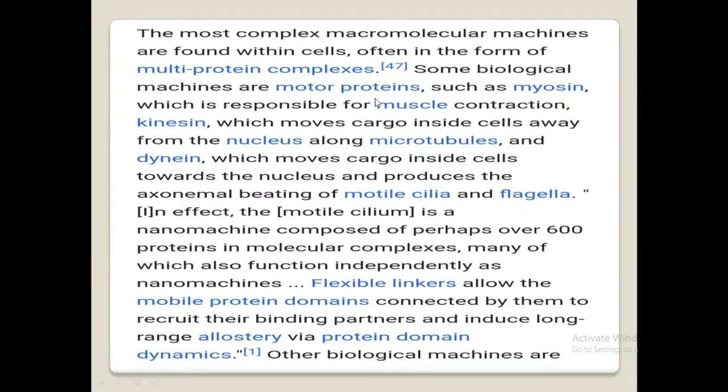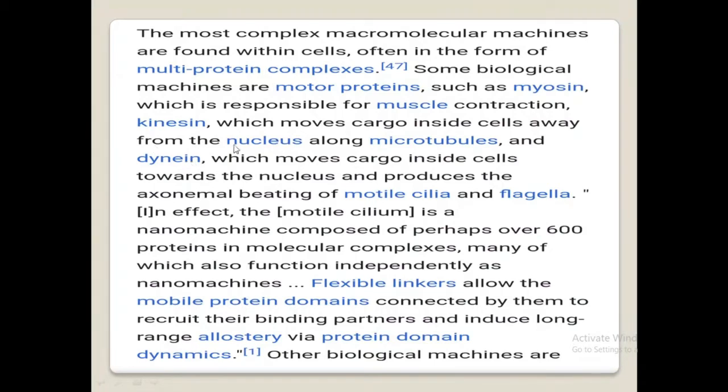They have motor movement, that is mechanical movement. They are also molecular machines. Motor proteins, for example myosin, which is present in the muscles and responsible for muscle contraction. Similarly, tubulin, the microtubule protein, is also an example.